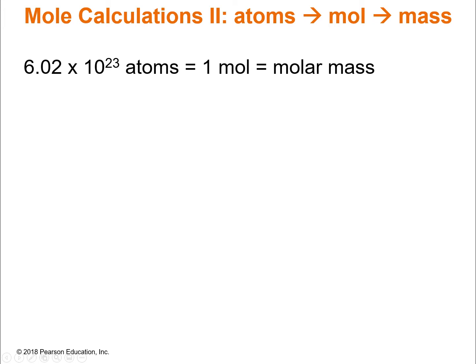Then let's do another. Before we get there, I want to remind you that we've just done 2 problem types. We did atoms to moles, moles to atoms, and then moles to mass, and mass to moles, right? So we can actually go from the number of atoms all the way to the mass in grams using all of these different conversion factors or unit factors.